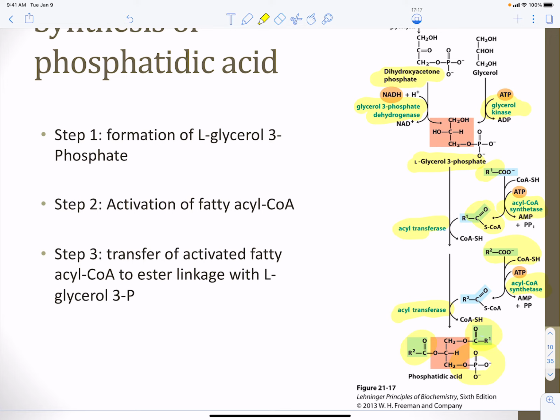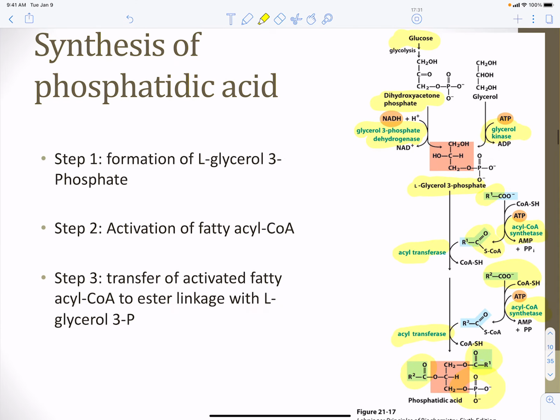Your liver needs to make glycerol 3-phosphate, could be for several reasons, but in this case they're making tags too. And so they want to form those tags in the fed state, and they want to release them into very low density lipoproteins.